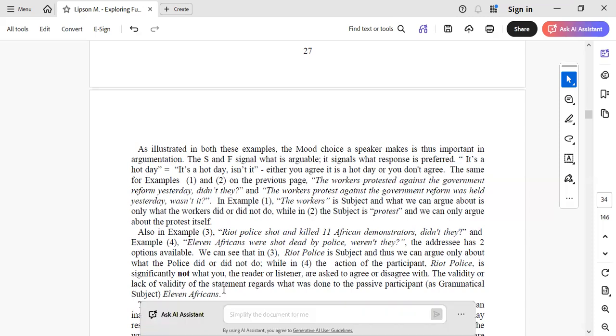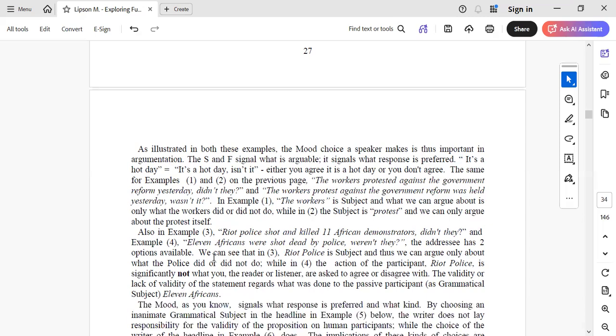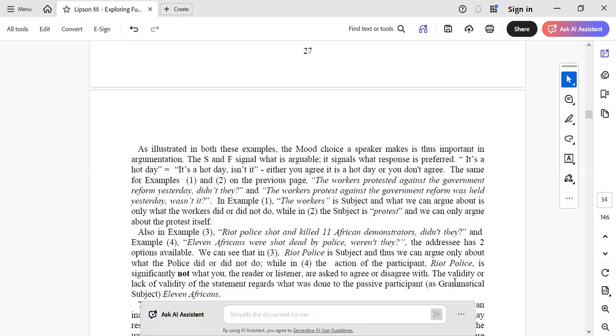The validity or the lack of validity of the statement regards what was done to the passive participant as grammatical subject. Now you can see that again the grammatical subject is setting the argument, right? So in short, what they're trying to tell you is that in most declarative sentences, the argument is set by the grammatical subject. Do you understand this point so far?